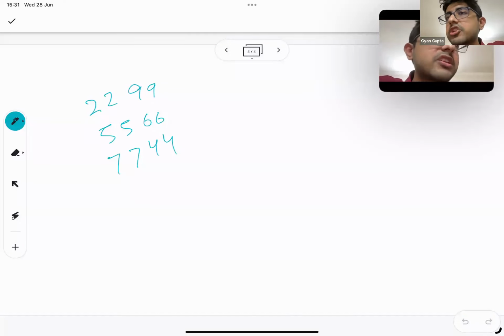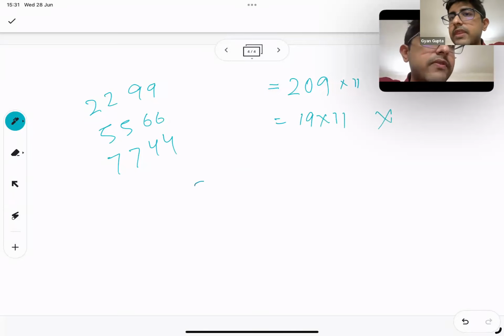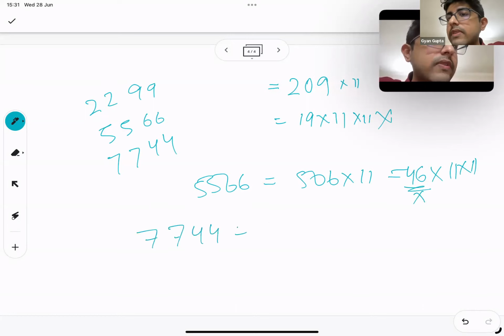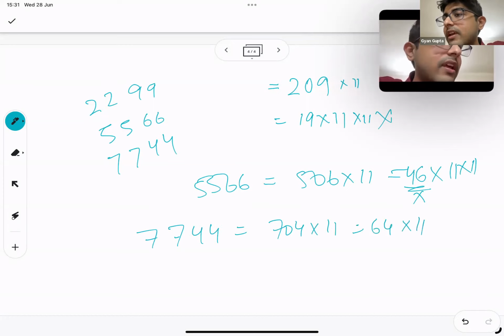A quick factorization of them will show that 2299 is 209 into 11, which is 19 into 11, not a perfect square. 5566 is 506 into 11, which is 46 into 11, again not a perfect square. 7744 is 704 into 11, which is 64 into 11, and 64 is a perfect square, 8 squared.